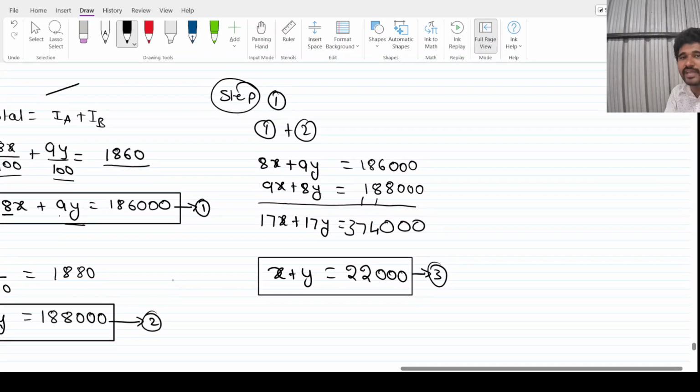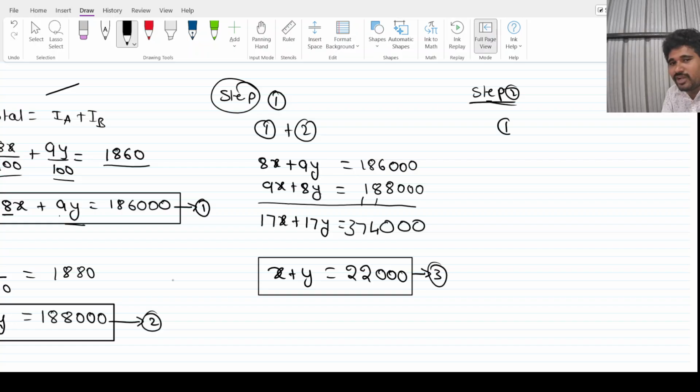Now, what is step 2 you will do here? We have to do subtraction. Step 2: 1 minus 2. Sir, better I will do 2 minus 1, because 188 is the bigger value. That's why I did it; there is nothing special in that. If I do 1 minus 2, I will get a negative. Okay, 2 minus 1. Write equation 2 first: 9x plus 8y equal to 188000.